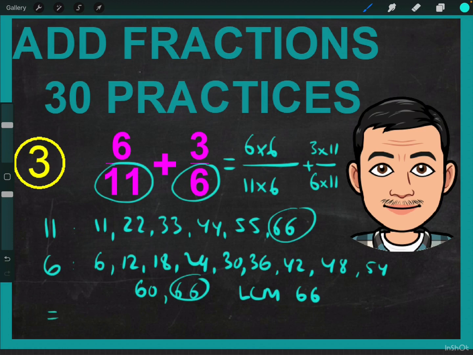So now we got 36 over 66 plus 33 over 66. We add 36 and 33. We got 69 over 66. That's the answer.